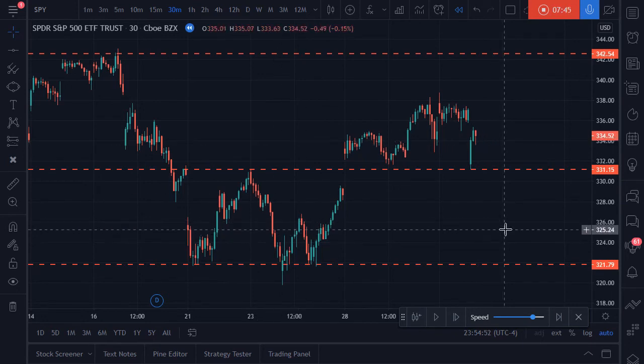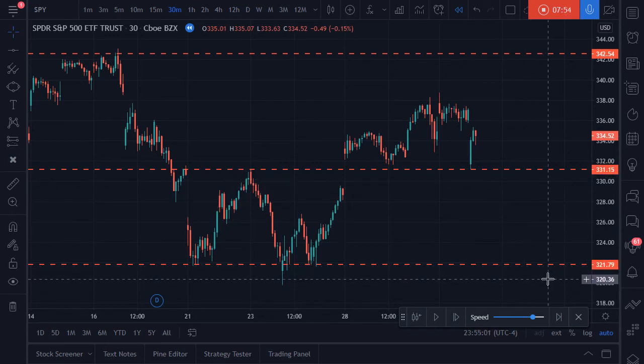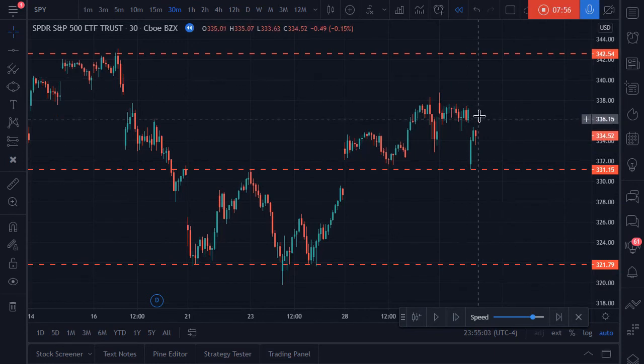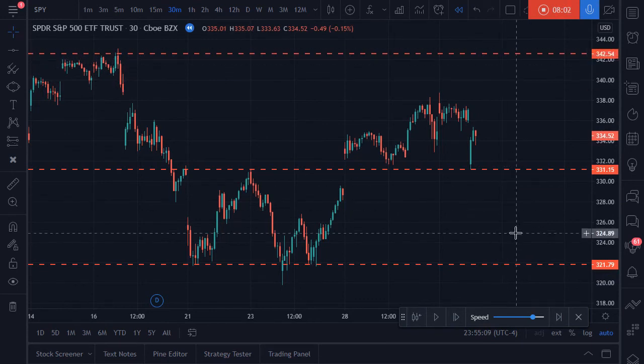For a longer term trade, we would definitely need to get it below this level for it to be bearish, and then below this level for it to be super bearish. If we do go bullish, we know that we're going to have some possible problems when we get up to this resistance. So we know where our exit should be for a long or a short, and that's just by looking at the highs and the lows.